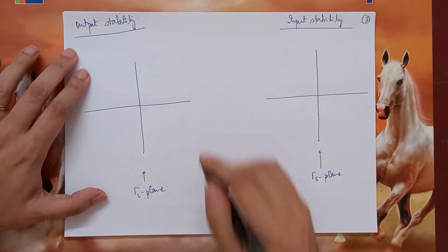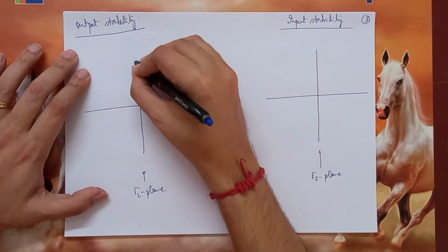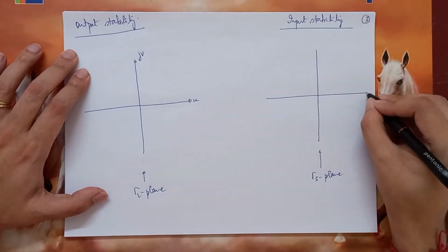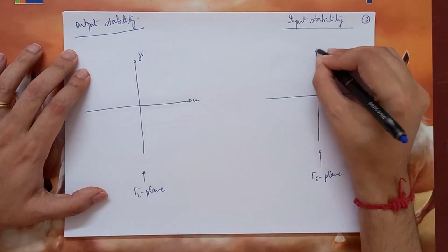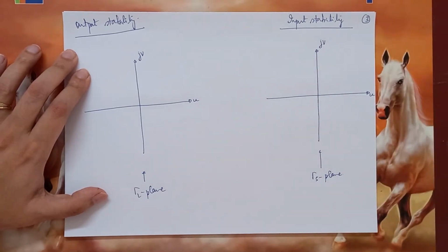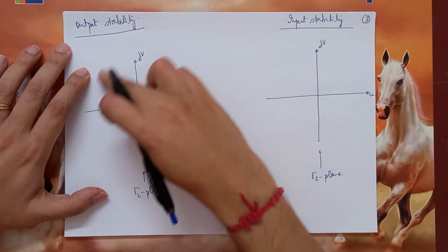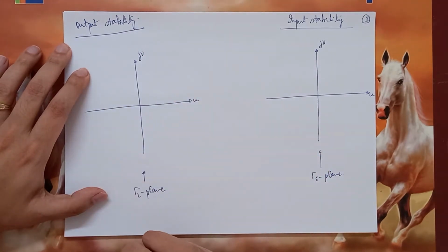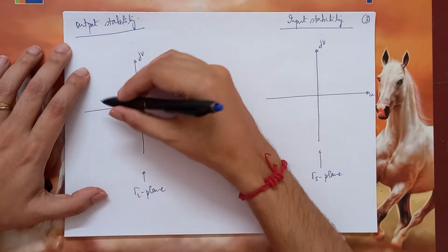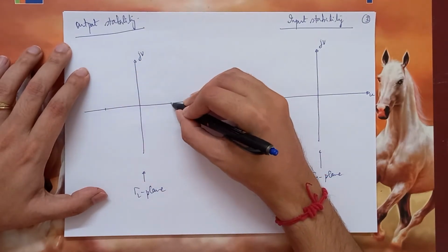So as we know, if this is the axis for the gammas, then the Smith chart is a circle of radius of magnitude 1 on this plane and center is on the origin. So the Smith chart looks something like this.